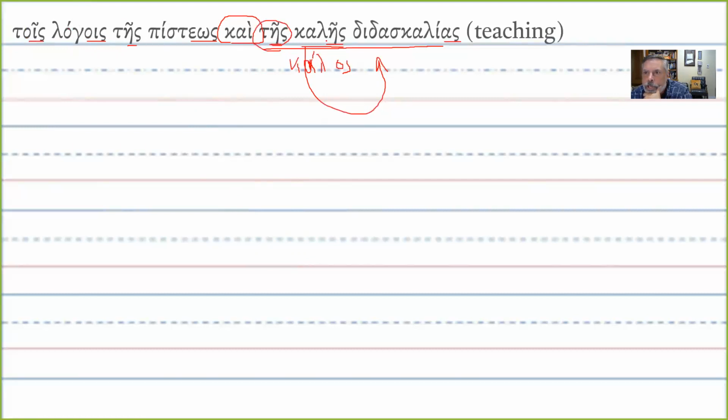And two, there's no article with the noun, but also the article adjective comes before or is positioned before the noun. That makes it the first attributive position. It's worth knowing that because you'll see it often, and it helps you to recognize some other things that have come up later. So two words of faith and good teaching.